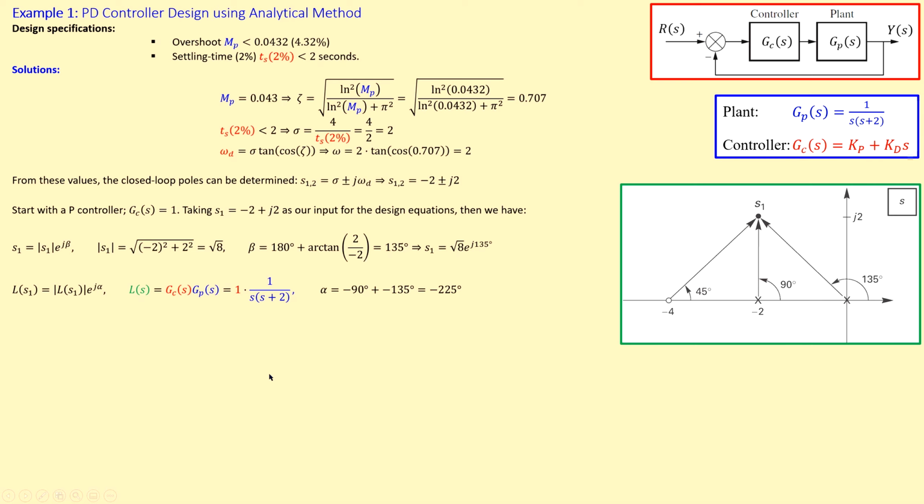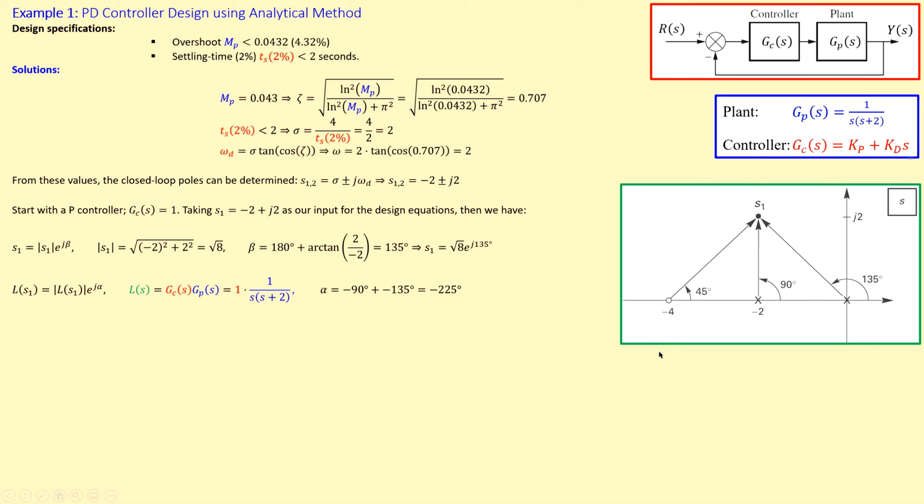Now the next step is, what is the associated angle alpha in here? Alpha is shown here as -90 degrees plus -135 degrees, which is in total -225 degrees. Why? If you look at the two poles, which are at 0 and at -2, you need to calculate how much phase contribution you have if you look at this point from the two poles.